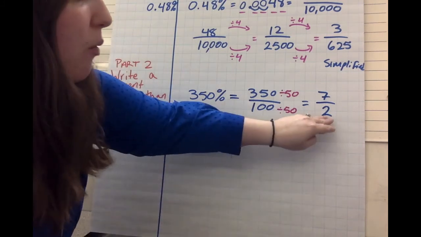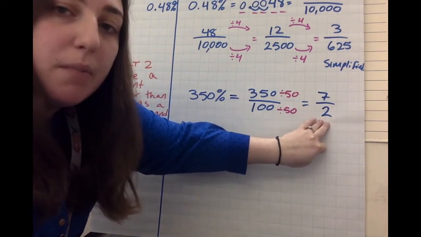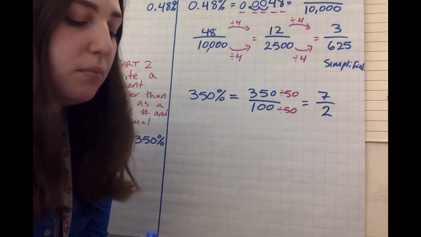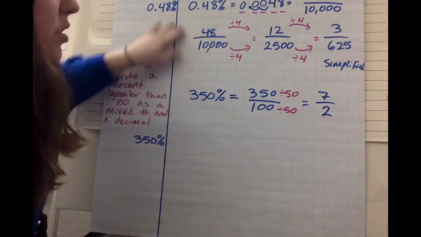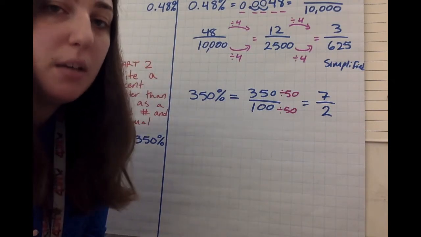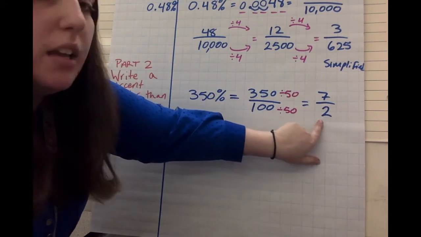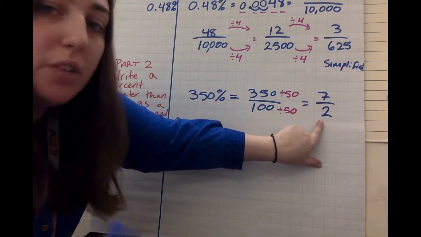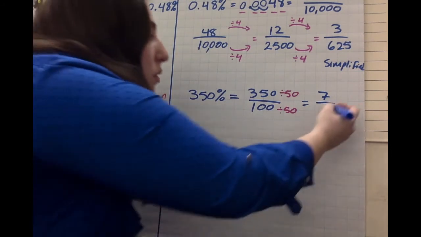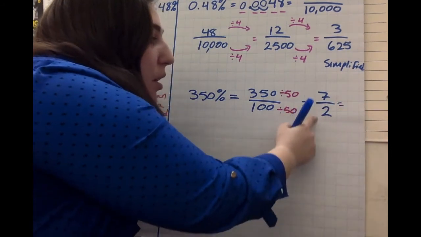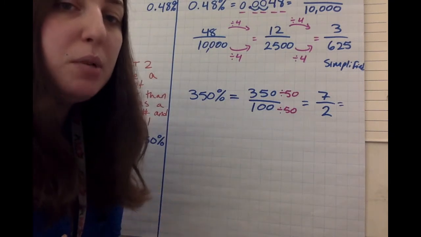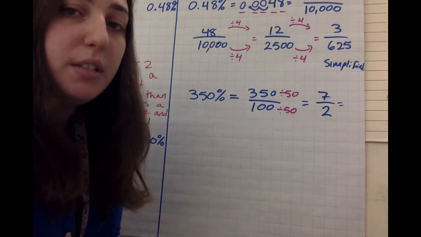Now, I want to put this into a mixed number. You're going to notice your math book will ask you to change these percents into fractions or mixed numbers. Since this is an improper fraction, we're going to change it into a mixed number. To do this, I think to myself, how many times does 2 go into 7?